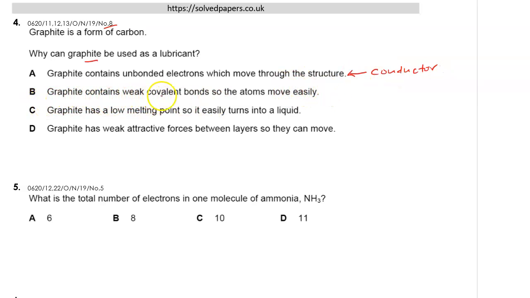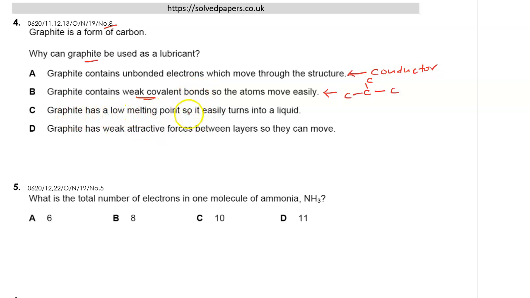Graphite contains weak covalent bonds, so the atoms move easily. The covalent bonds between the carbon atoms in graphite are not weak. They are the same strength as the carbon bonds in diamond, and therefore they are not weak. So this is not correct.